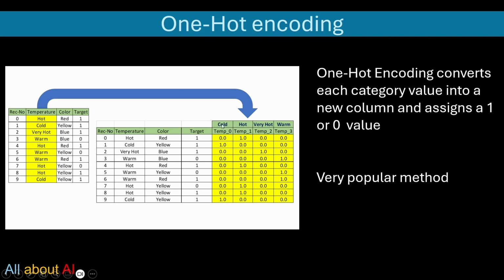So it will create 4 columns or 4 categories like cold, hot, very hot, and warm. And it will turn on if that variable is present in that data point, right? In the first case, it was hot, so hot was turned on. In the last case, the data point was cold, so the cold is turned on.